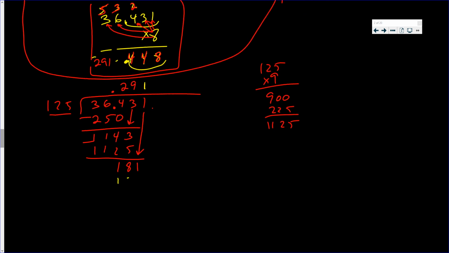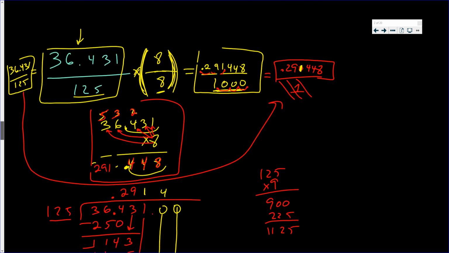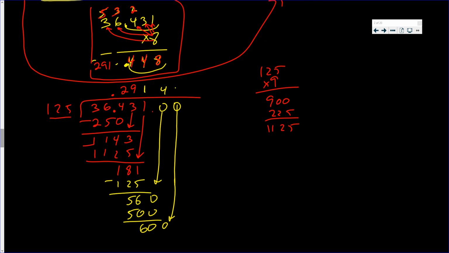We take away 125. We have 56 left over. Bring down the 0. It goes 4 times. That's 500. Have 60. Bring down another 0. And it goes 4 times.